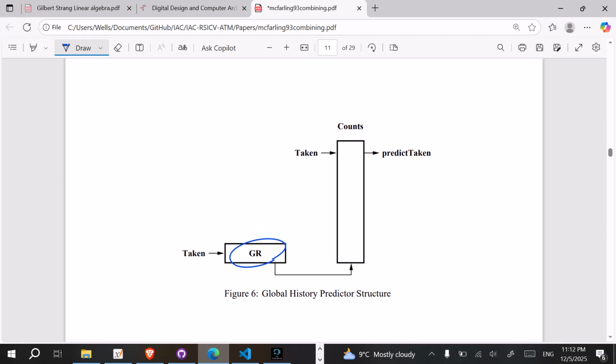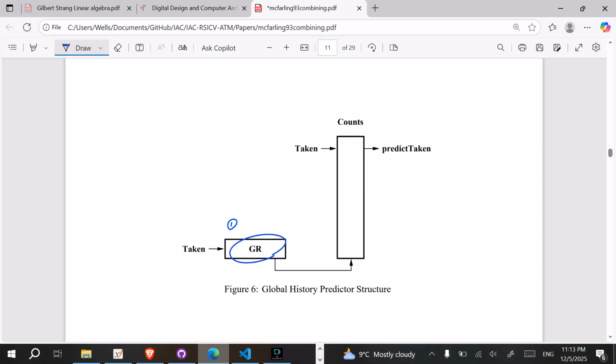So now I no longer need the PC to be referencing my pattern for the local branch prediction pattern history table, because there's only one entry in this global register, which is just one big giant register. I no longer need this pattern history table with multiple entries. So now I just need one entry pointing towards my pattern. Again, I'm trying to emphasize that everything now is using a pattern.